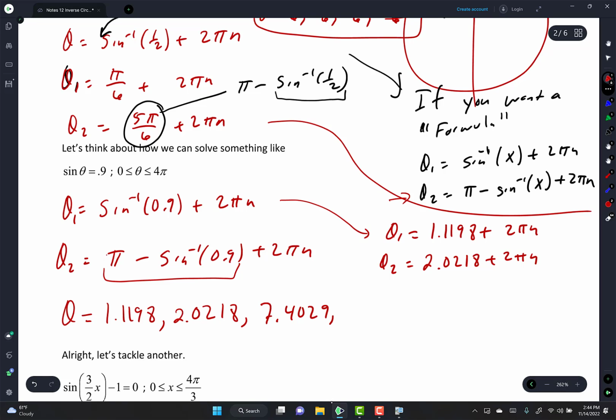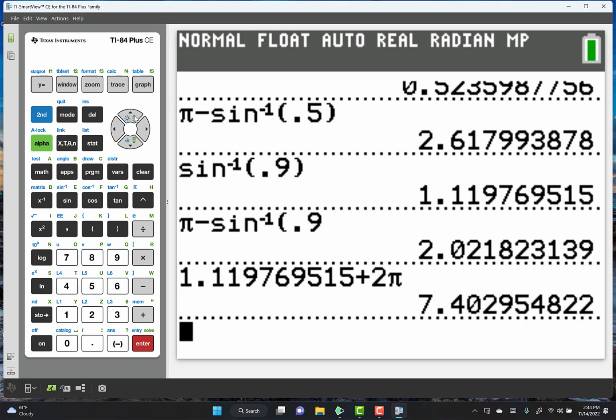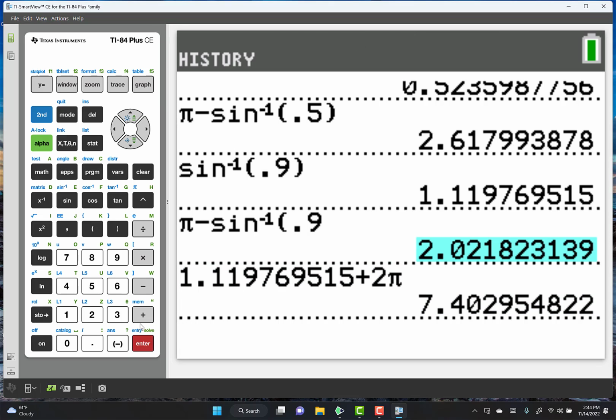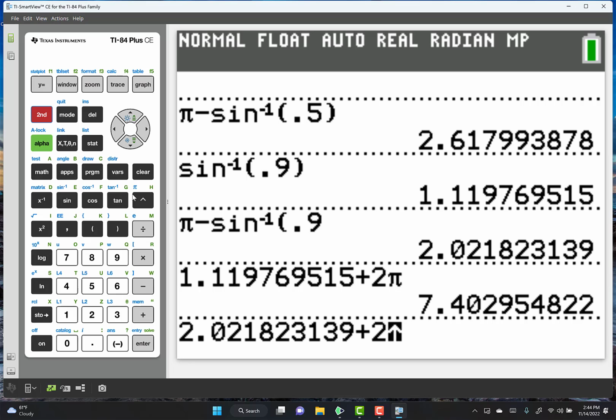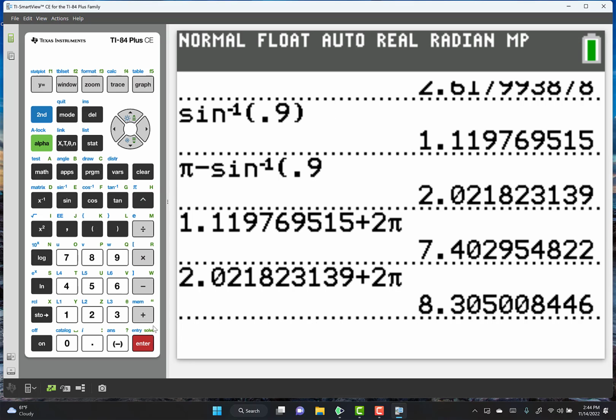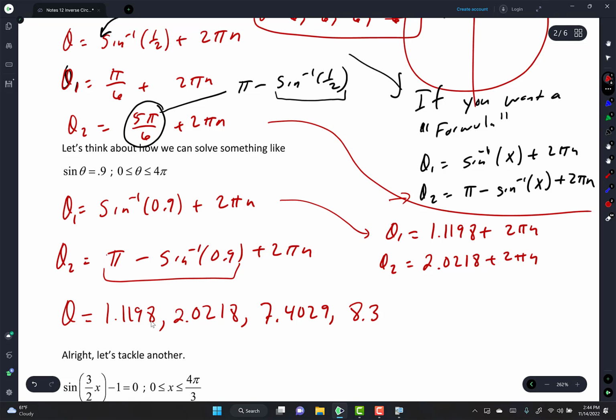Take the 2.0218 and add 2 pi. That plus 2 pi is 8.305. And I believe that's it, because if you take the 7.4 and add 2 pi, that will be over.